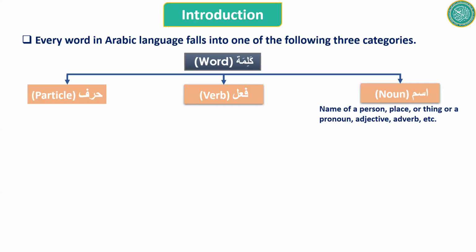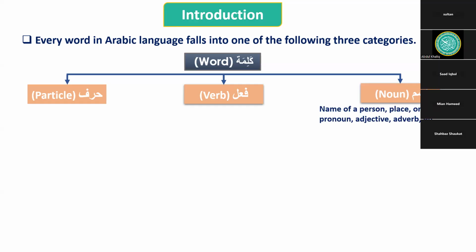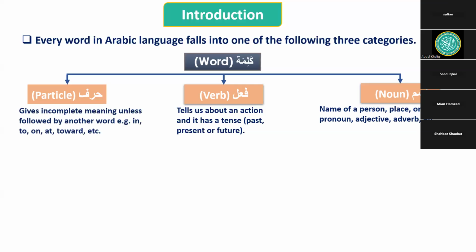So actually, ism is more than a noun, but we still translate it as noun in English language. Fail is a word that has action in it, and it has a tense in it, meaning it will be about past, present, or future. And harf gives an incomplete meaning unless we use another word after it.